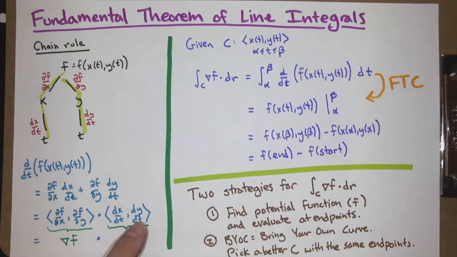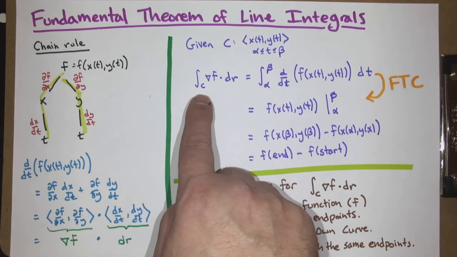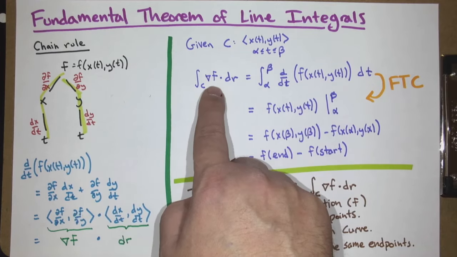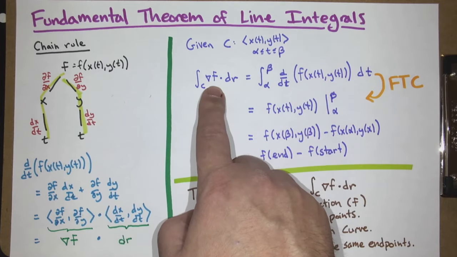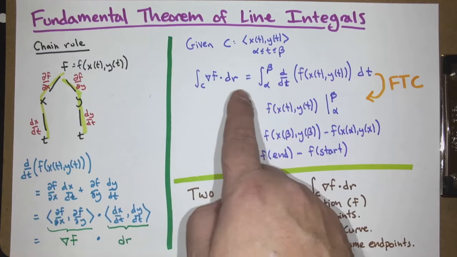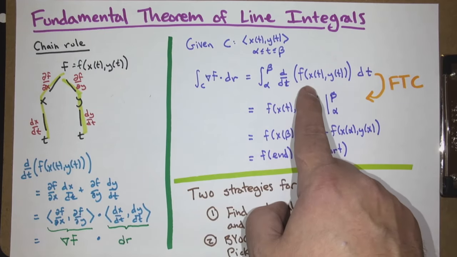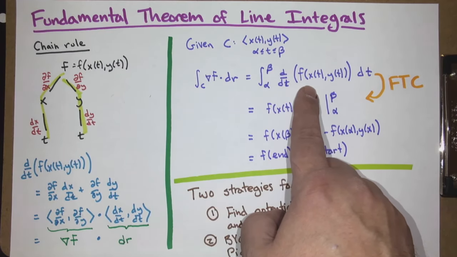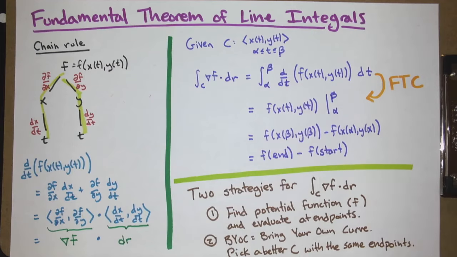This can be written as a dot product, namely the gradient of f dot dr. And now we have our pieces in place. If you're integrating the gradient of f dot dr, then what you're really doing is integrating a derivative when you write everything in terms of t.